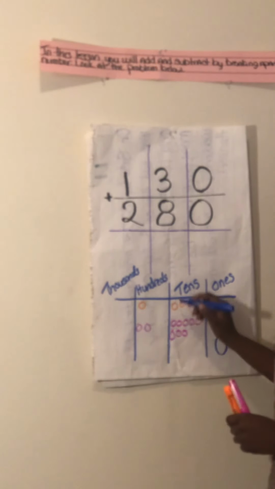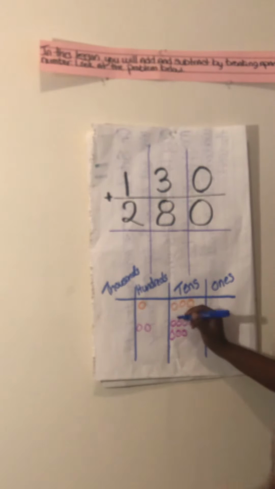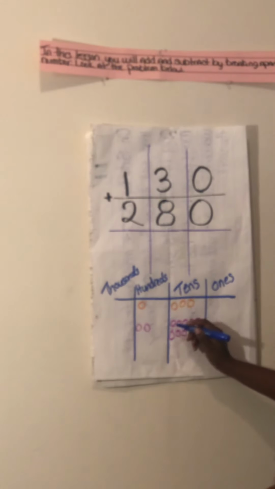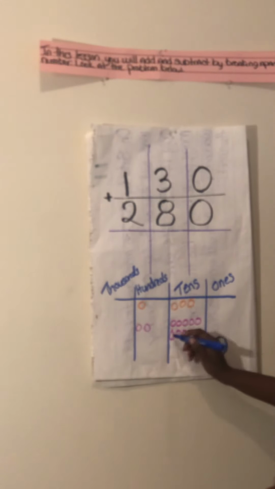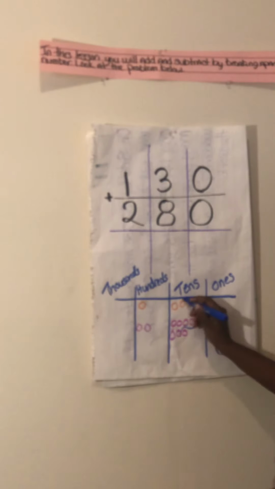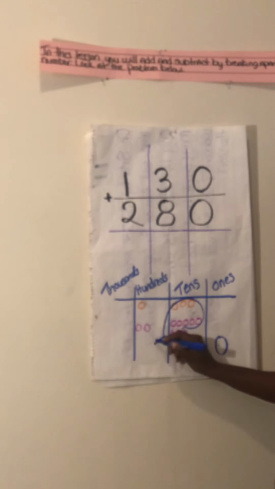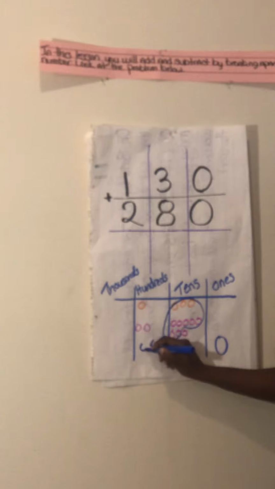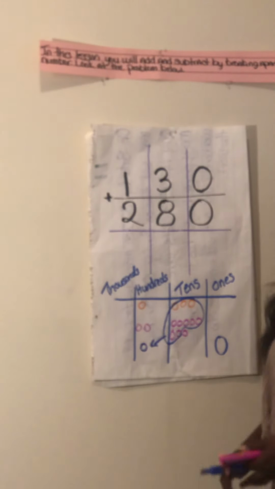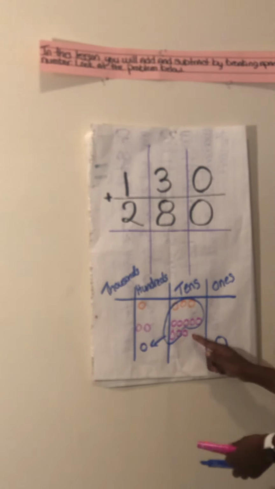So now I'm going to go ahead and circle my 10 tens. Let's count it again. 10, 20, 30, 40, 50, 60, 70, 80, 90, 100. So I'm going to circle it, draw my arrow, and where the arrow is pointing, I'm going to draw my new unit. Now I want to write the totals.